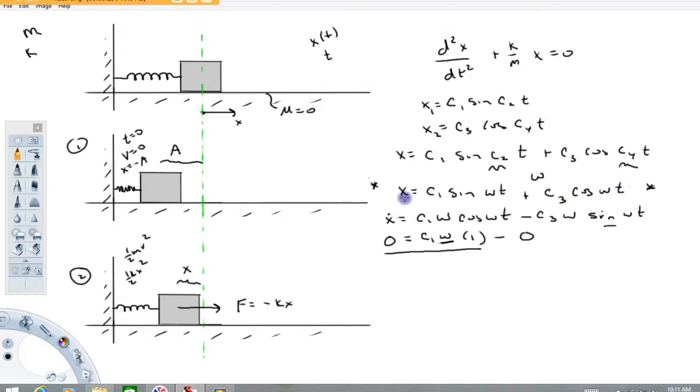And that would be saying that x is constant, but that can't be the case. So the only possible solution that will physically work is c1 equals 0, which means, going back to my original equation here, this term is gone. So my equation now simplifies to just x equals c3 cosine omega t.